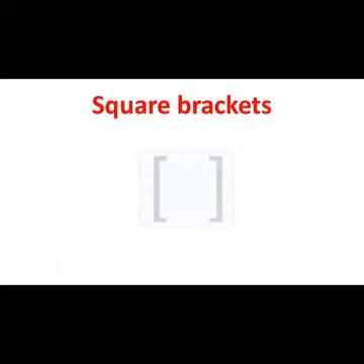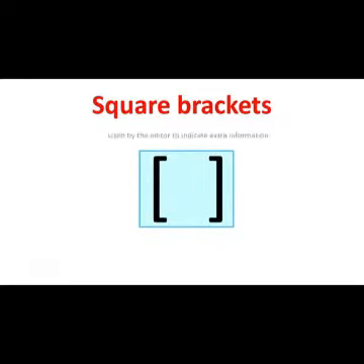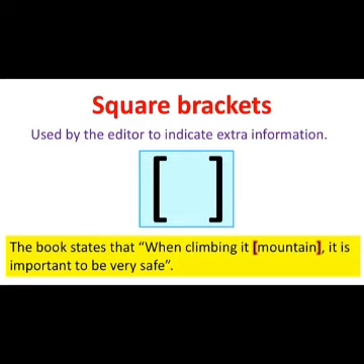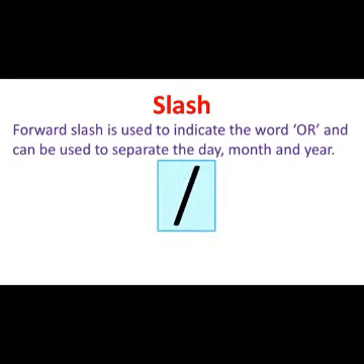Square brackets. Square brackets are used by the editor to indicate extra information. For example, the book states that when climbing it, brackets, mountain, it is important to be very safe. Slash. A forward slash is used to indicate the word or and can be used to separate the day, month, and year.